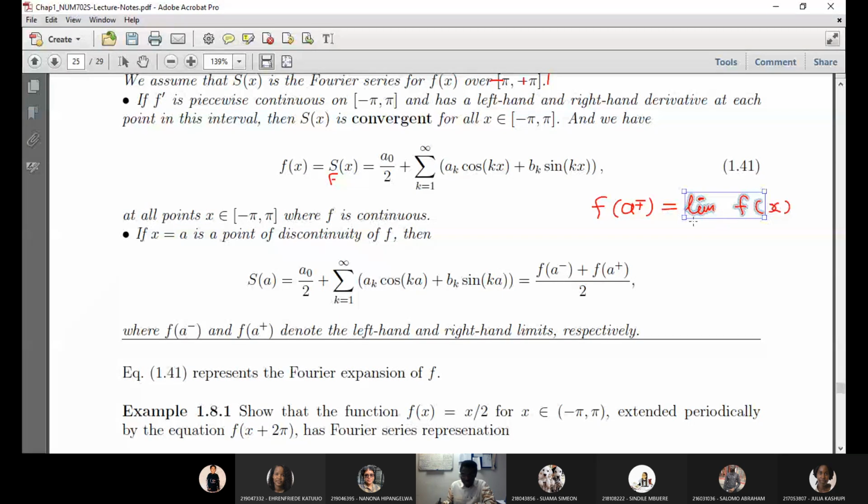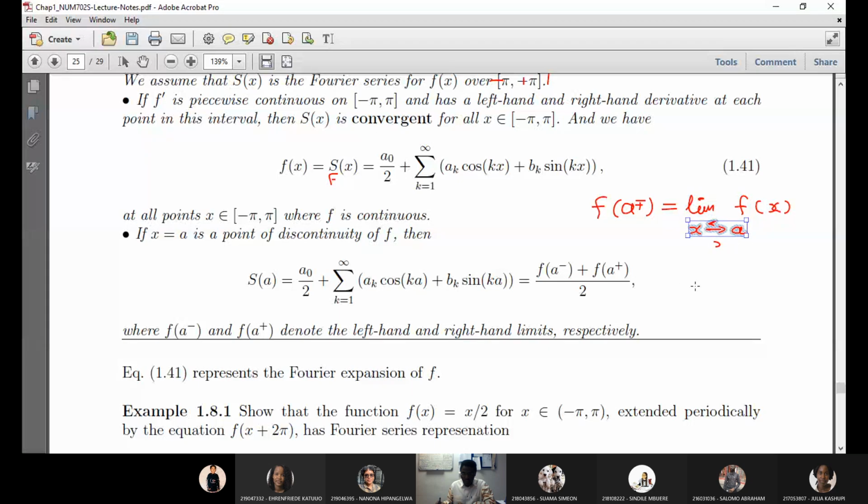For the negative here, I would say the limit will be this: it tends to a from the left. And now for positive, it would tend to a from the right.